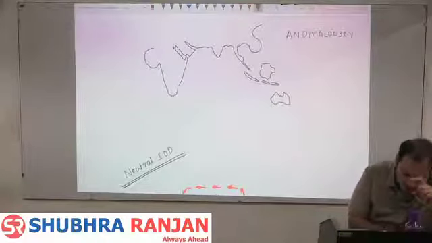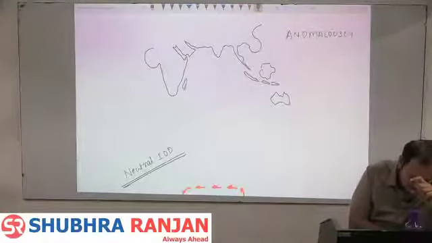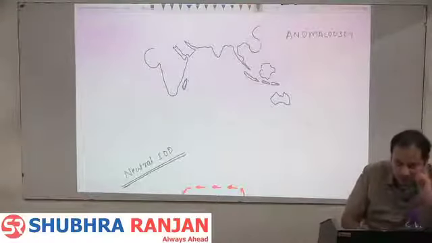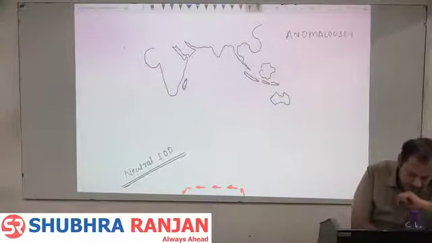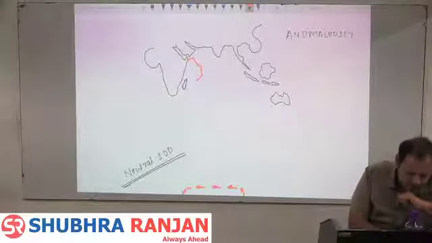Anomalously from east to west, causing upwelling of, which causes cooling of Eastern Indian Ocean. In the bracket you can write due to upwelling.